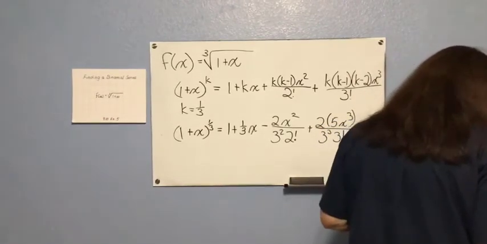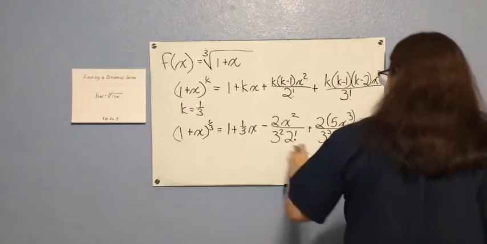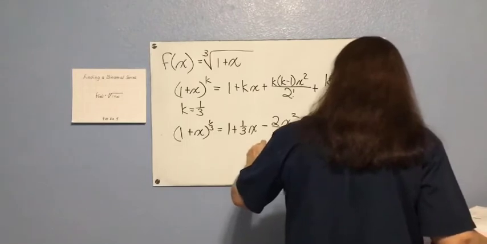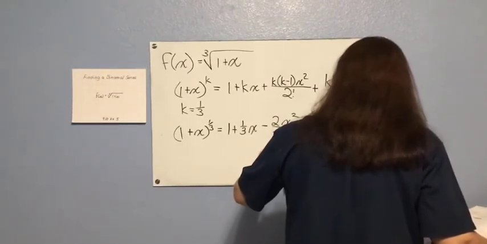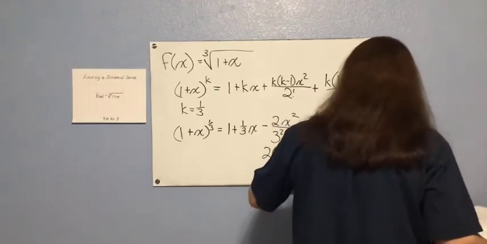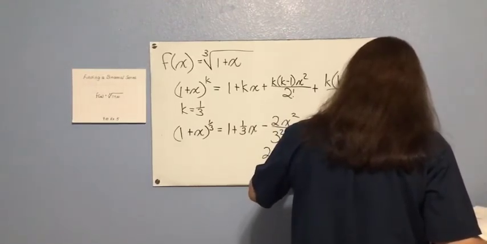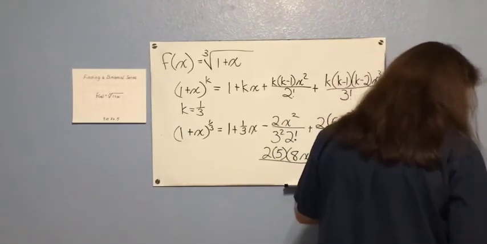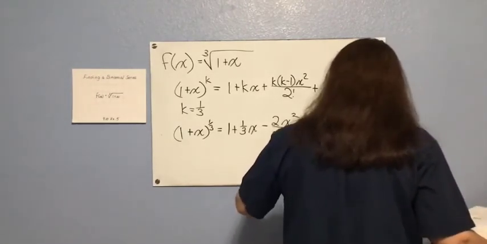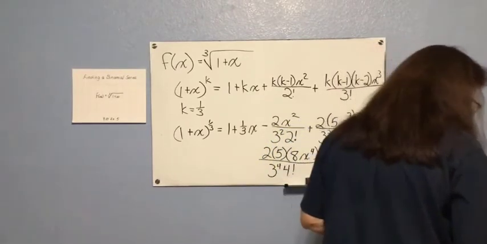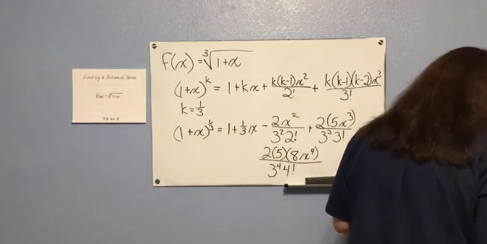And then we're going to need to subtract the next one. And this is going to be 2 times 5 times 8 x to the 4th over 3 to the 4th times 4 factorial, and so on.